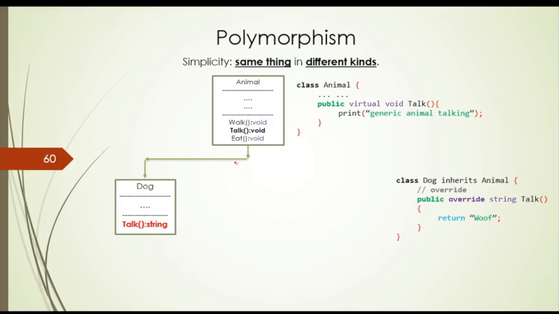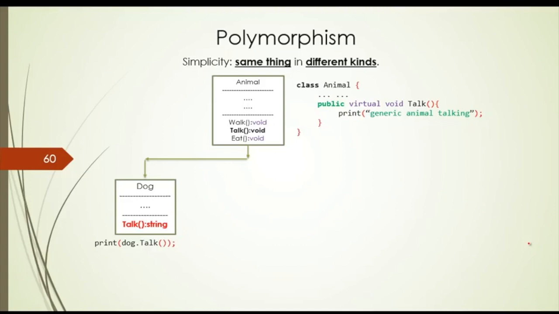To make that talk method different, we need to override it. So we say inherits, and in C# you put the colon, and override, and dog just says oof. It returns oof. So how are we going to print it? Print dog.talk, and we will see in the console that it says oof.